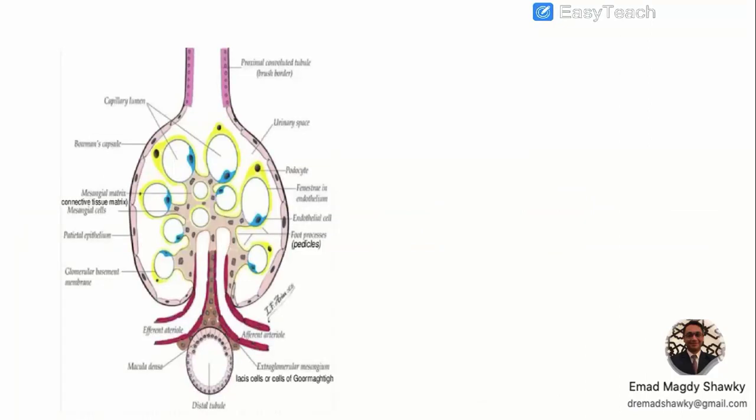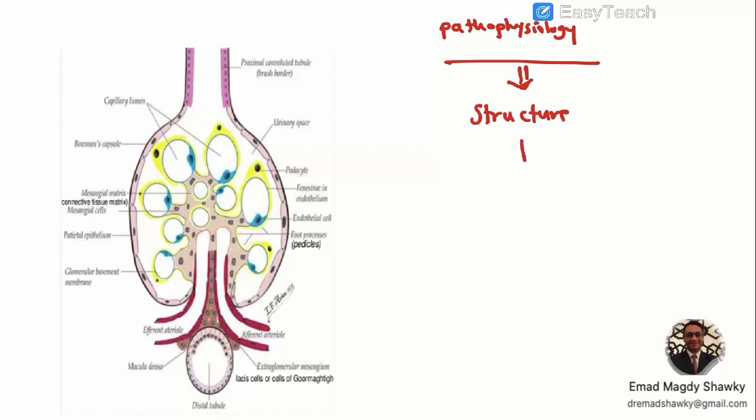If we are intending to know the pathophysiology of nephritic syndrome, we should return back to the structure of the glomerulus. We can see here the afferent arteriole, the efferent arteriole.